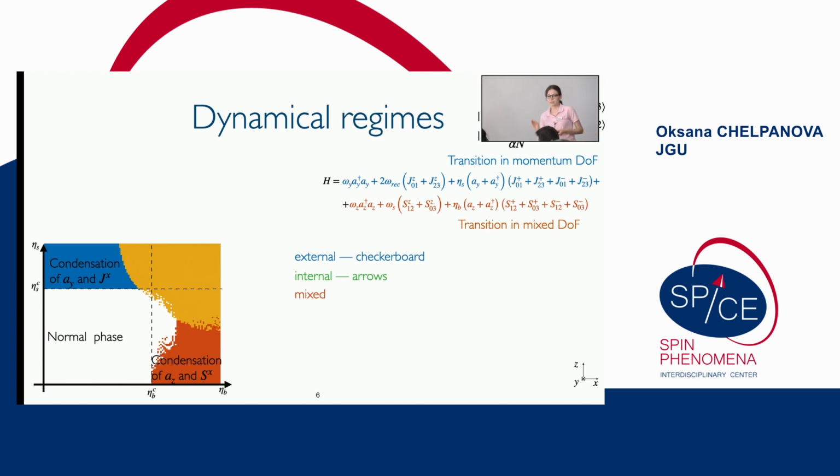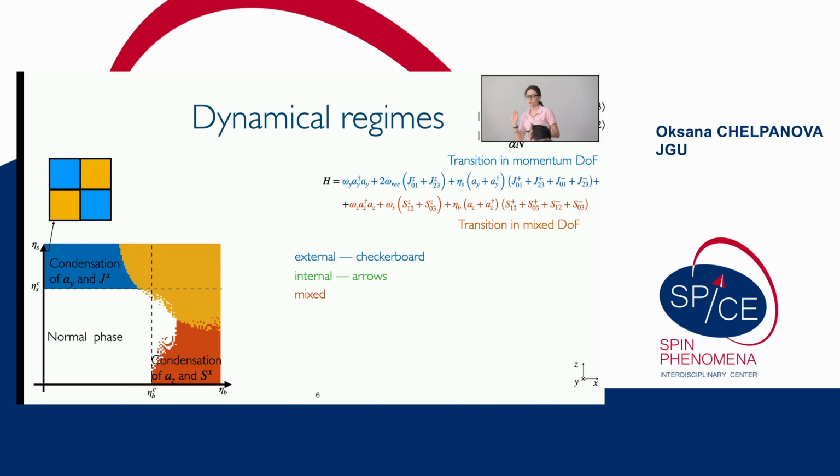But the curious thing appears if you look at how this transition looks in terms of atoms, because now we have two degrees of freedom, internal spin and external spin, like density modulation and spin. So, for example, if we go along this axis, we again have the superradiance transition, and we have this modulation of density in the condensate, like smaller density or more density.